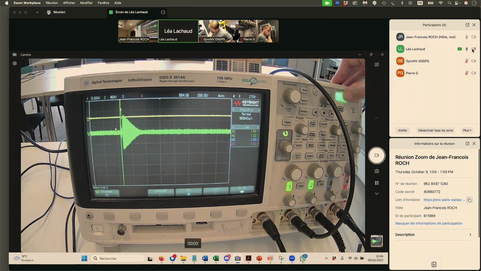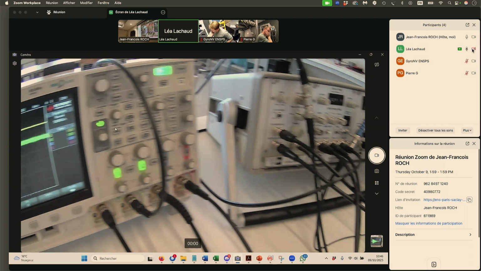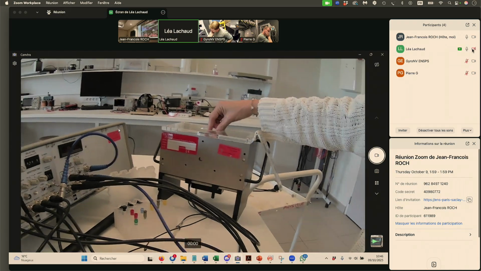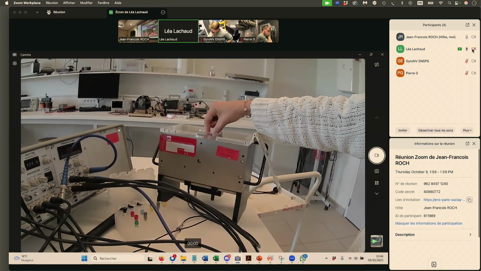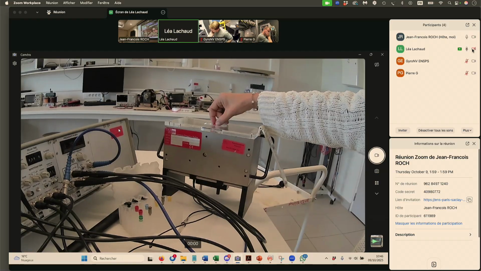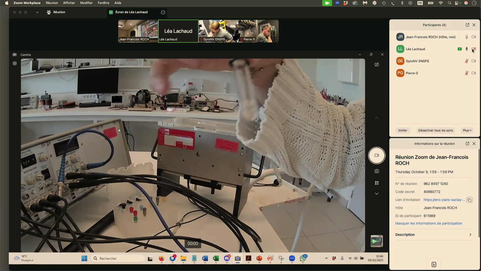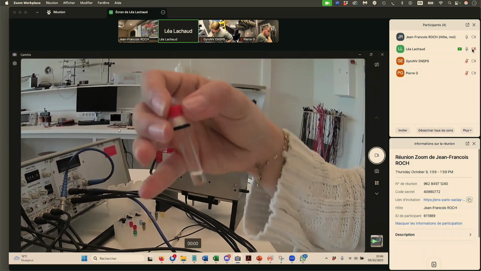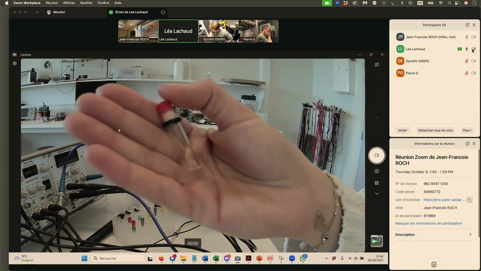If I get the live start again and that I remove manually, you see here my hand. If I do this movement, like putting back and forth the sample, maybe I can show you. Sorry, I forgot to show you the sample. The focus is not that good, but still.